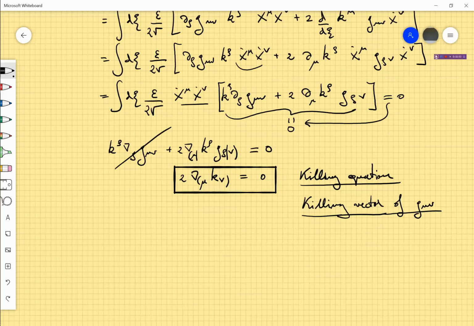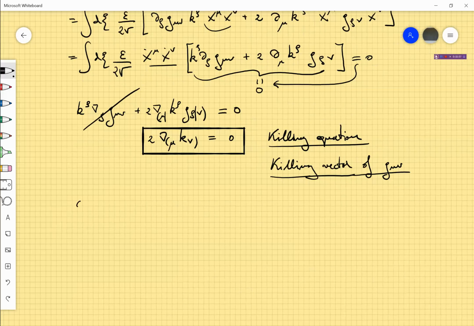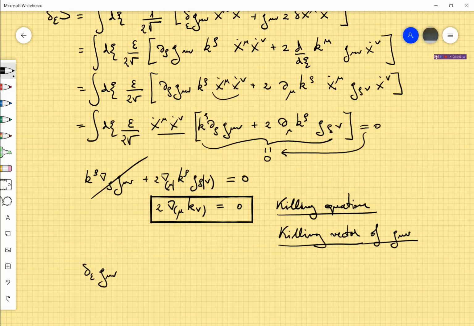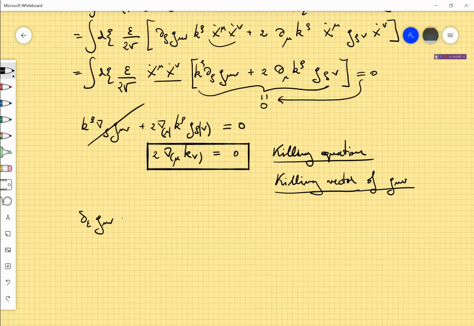The last thing I have to say about this is that the transformation of the metric under a general coordinate transformation of this form is precisely this. Up to, well, now I am calling this epsilon.